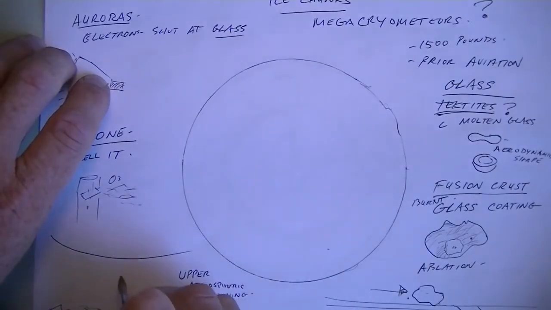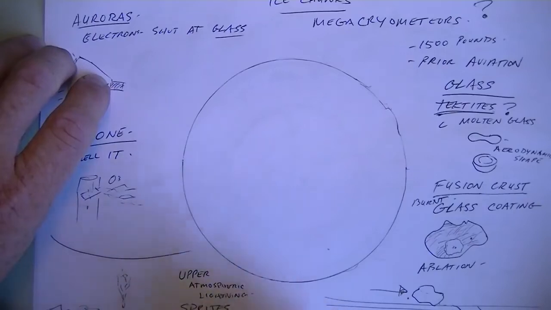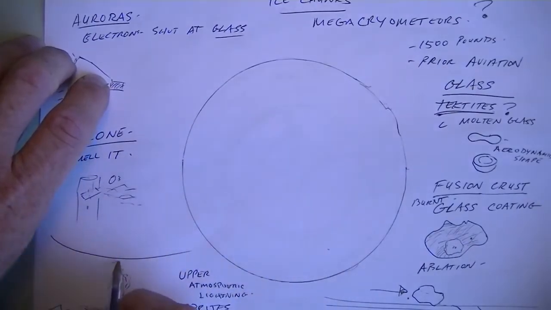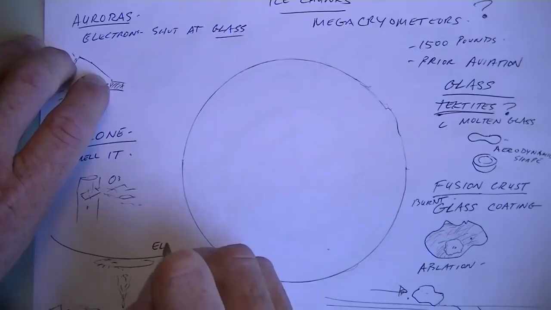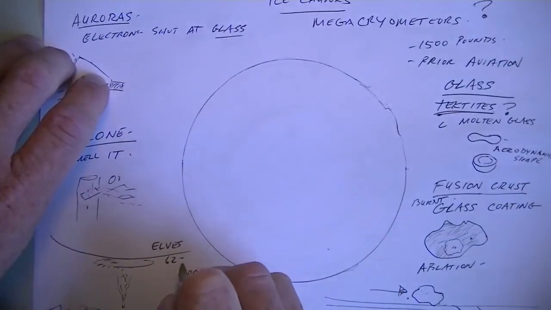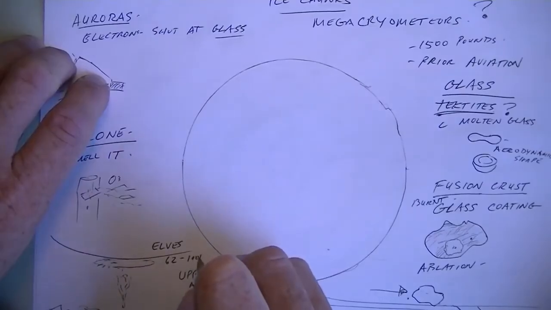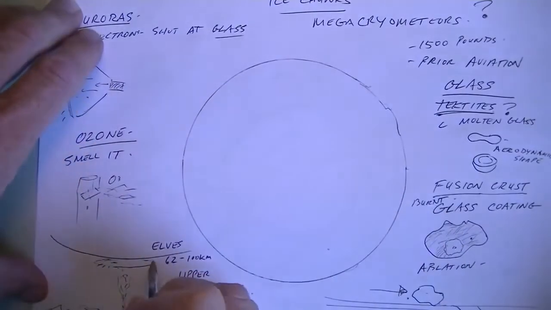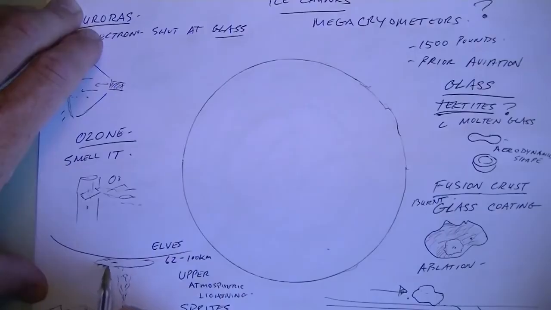It's kind of like a funnel shape here, but it has a top to the sprites. Basically, it gives off this disc-like plasma discharge, and they call those elves. And the altitude of the elves is 62 miles high, or 100 kilometers. That's how we know the height of the glass ceiling.